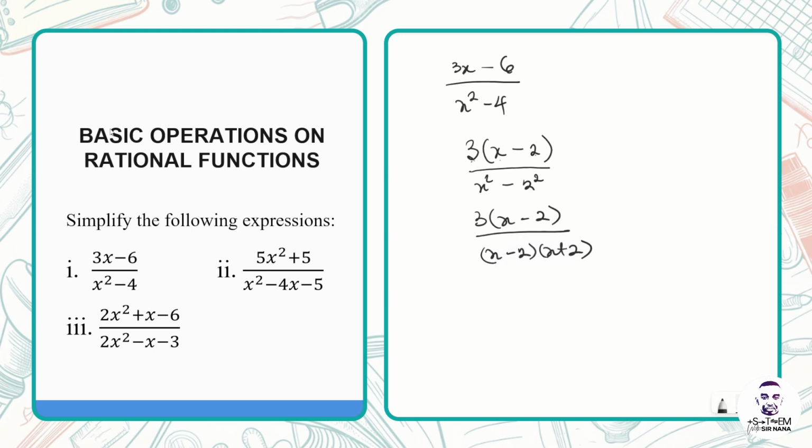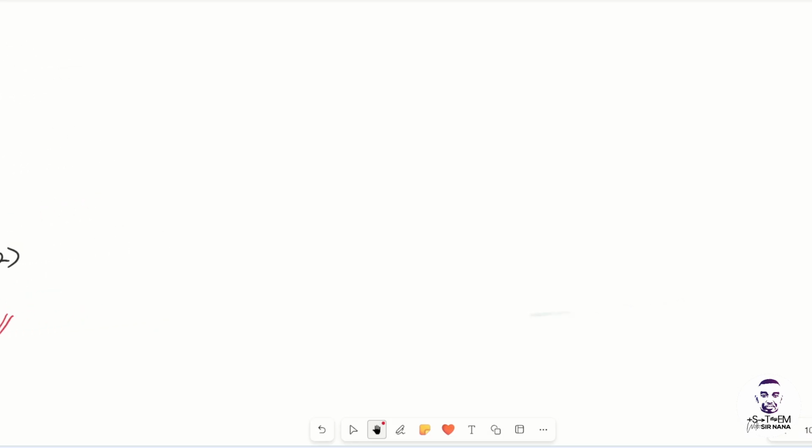So now we see that we can cancel out the factors x minus 2 and x minus 2, so that in our final answer, we get 3 all over x plus 2 as the simplified form of the expression, right?